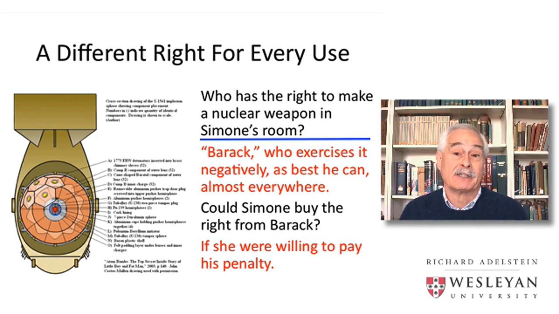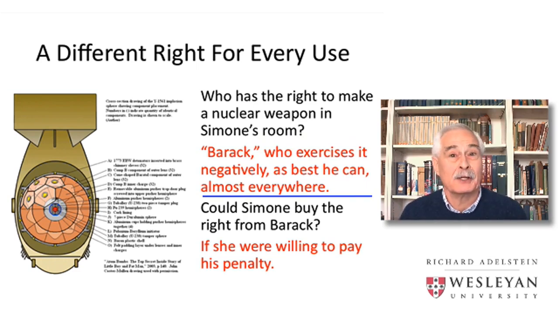So let's ask, who has the right to get that weapons-grade plutonium, to get those easily available parts, and construct an atomic bomb like the one in the picture in Simone's room? And the answer to this is that the government of the United States of America has that right.